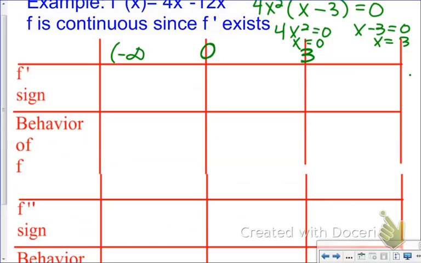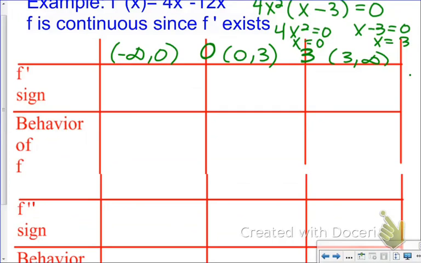Negative infinity to 0, 0 to 3, 3 to infinity. You see, everyone, by doing this, I don't have to go back and graph anything to see the intervals. You're going to be asked, on what intervals is the function increasing, decreasing? What are the local extrema, or the extrema in general, minimum, maximum, in other words? What are the critical points? All that we get right here from our sign charts.